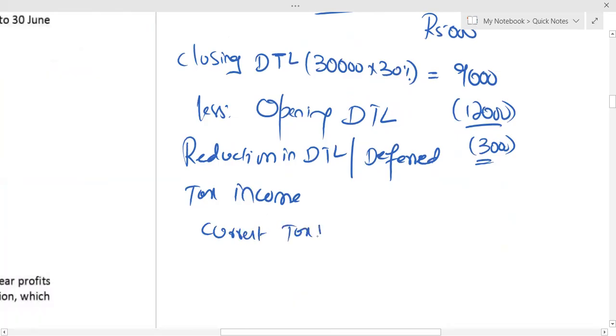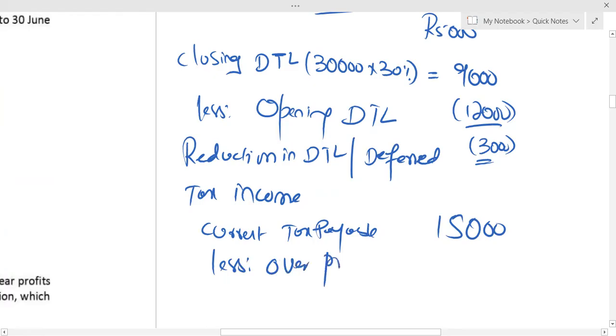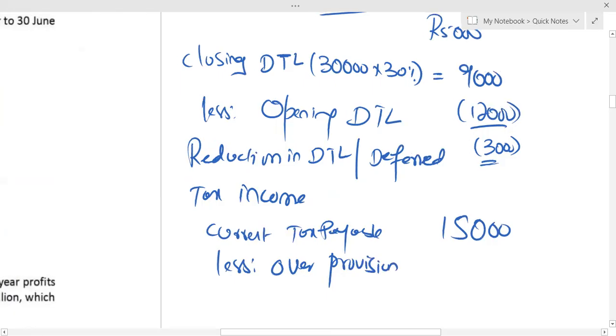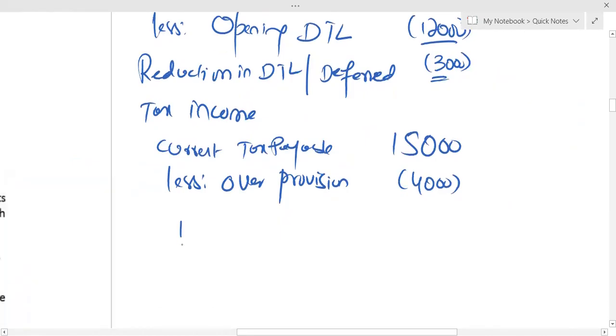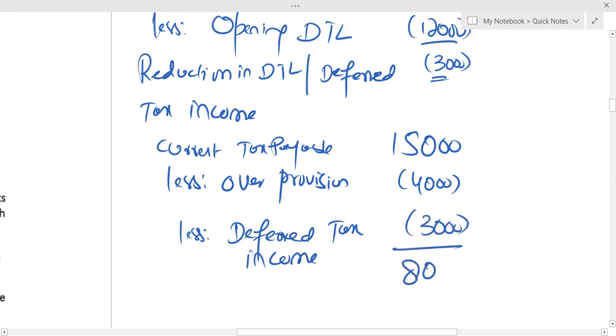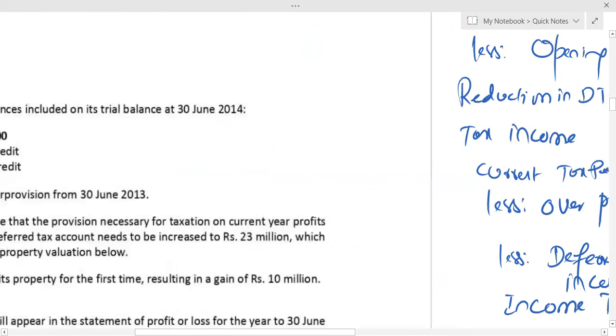Current tax payable is 15,000, less the over provision, which they have given us as 4,000, less deferred tax income. I'm getting income tax expense of 8,000, or by putting 3 zeros, 8 million.